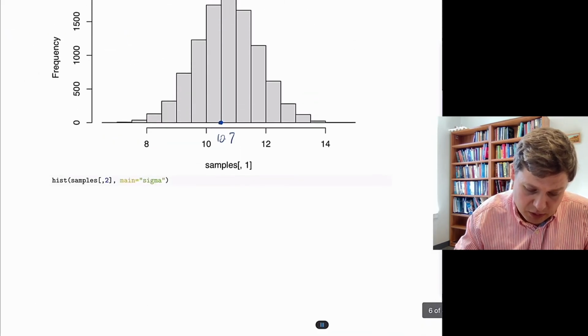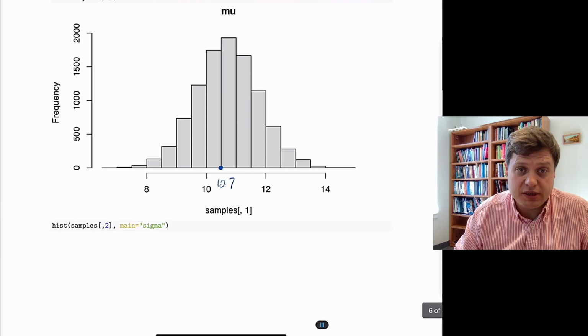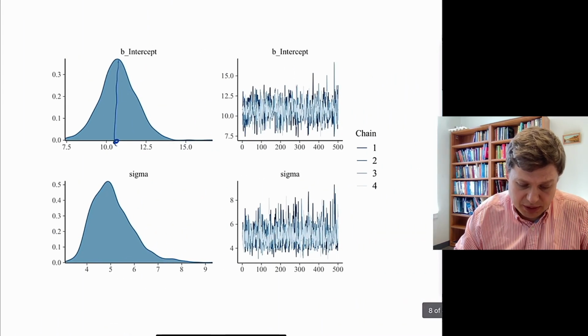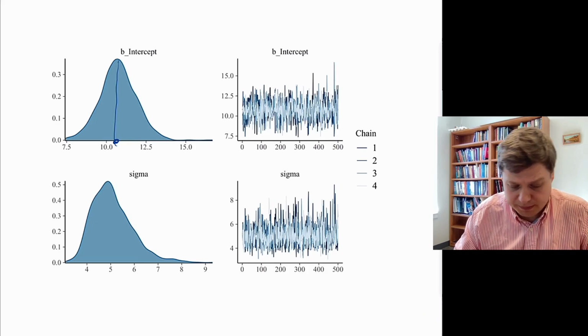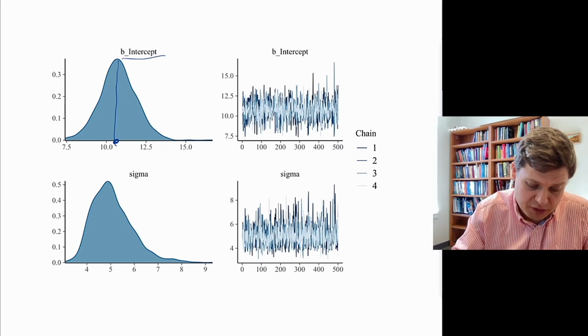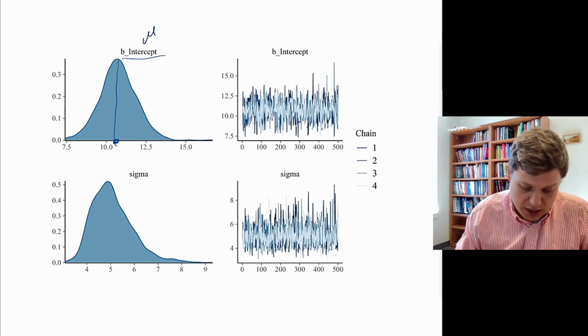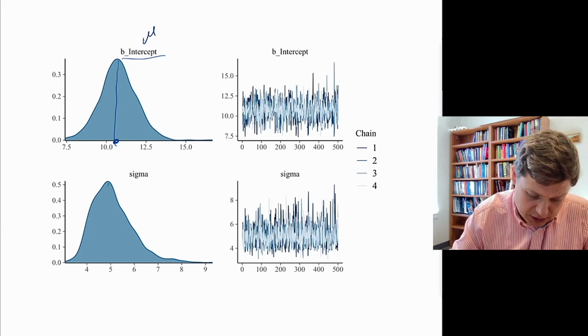And in this case, we actually had 10.7. So it's a very similar number. The histogram actually does look almost normal for the intercept parameter, for the mu. That's our mu here.